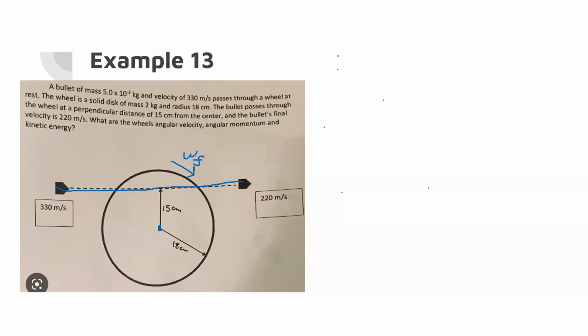So we're going to use that the final angular momentum is going to be equal to the initial angular momentum. So the final angular momentum, we know there's going to be the angular momentum of the wheel and the angular momentum of the bullet, and that's just going to be equal to the initial angular momentum of the bullet. Whoops, this will be final.